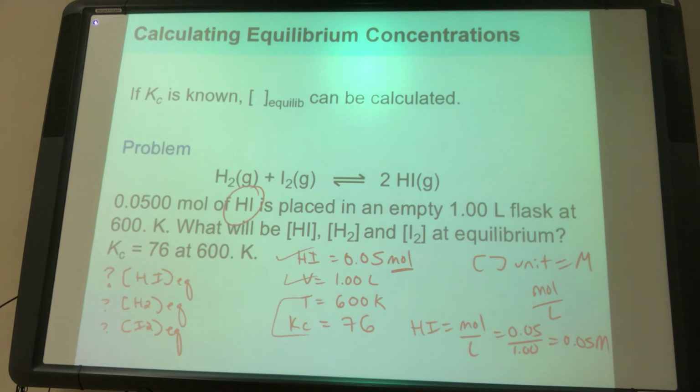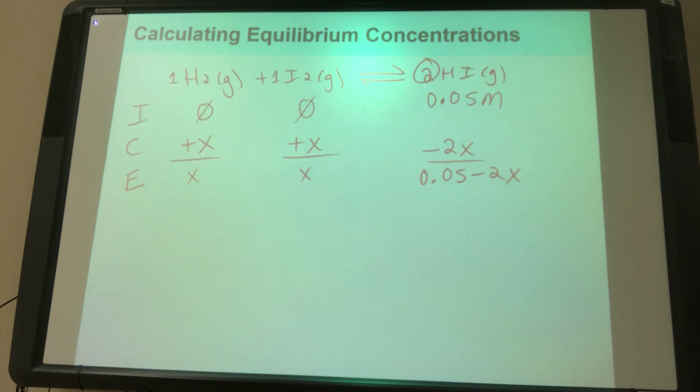So that temperature doesn't really do anything as far as math goes. So it's the Kc. They said Kc is equal to 76. Well, let's write out what Kc stands for. Kc stands for my product, HI squared over H2 times I2.